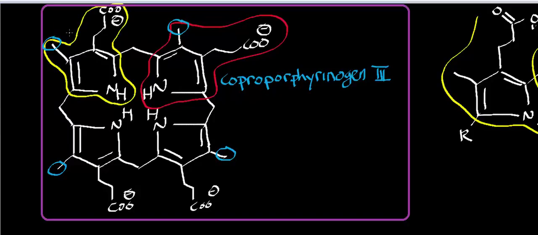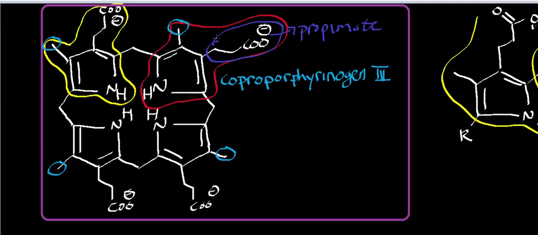Because in the previous mechanism that we saw for uroporphyrinogen decarboxylase, we weren't dealing with propionate groups. We were dealing with acetyl groups. So these groups right here, these things that we're going to decarboxylate, these are termed the propionate groups. And it turns out that the ones shown on the top are the ones that are going to get decarboxylated.